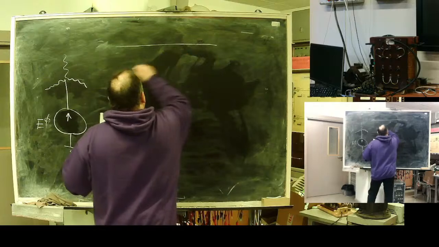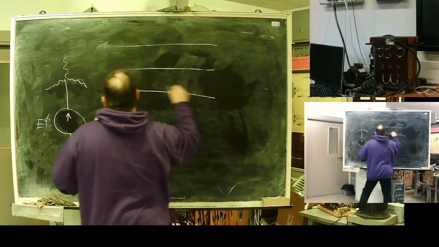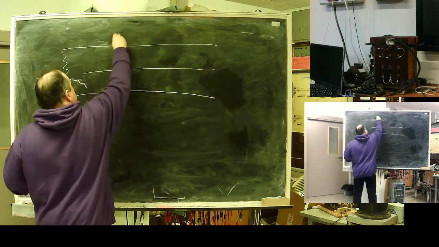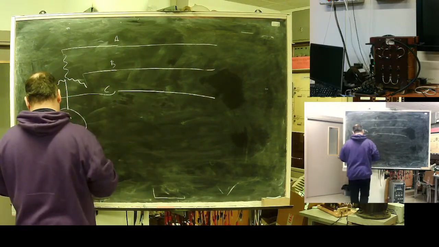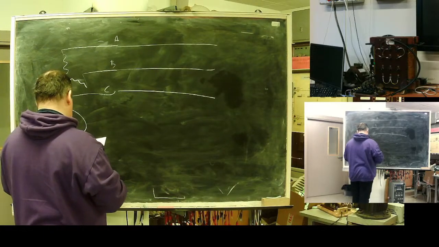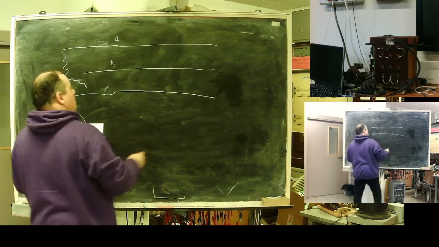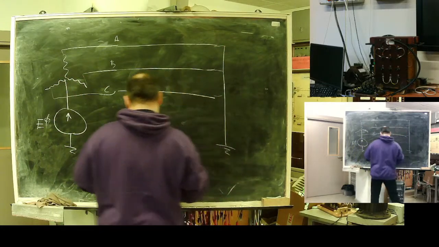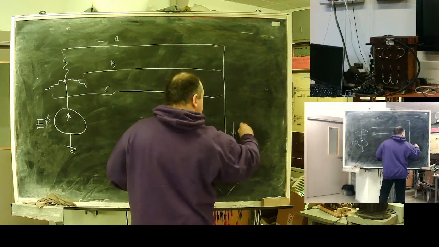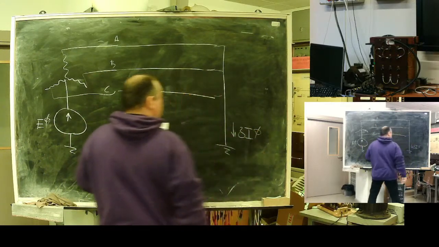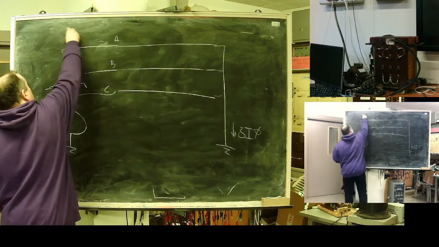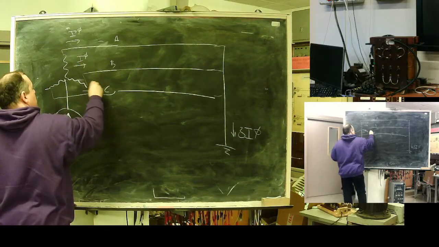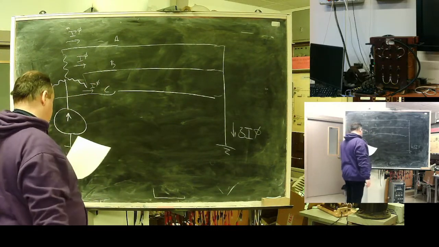I have 1, 2, 3 wires, A, B, C. They all come together and return. Here I will observe triple zero sequence current. Here falls 0, 0 and 0, zero sequence current.